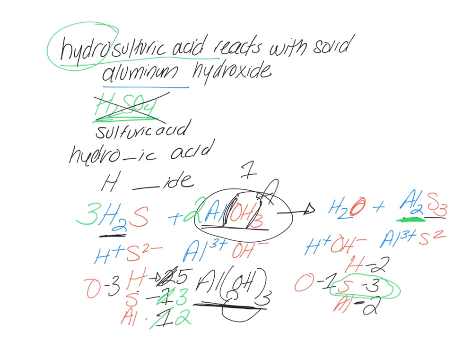Now I'm going to count how many hydrogens I have on the reactant side. I have 6 hydrogens here, then I have 3 times 2, so 6 more hydrogens, so 12 hydrogens in total. That means I'm going to have to put a 6 in front of here, right? That will give me the 12 hydrogens that I need.